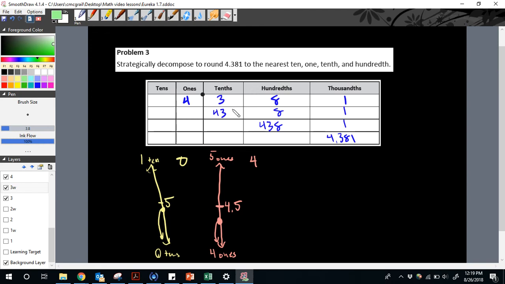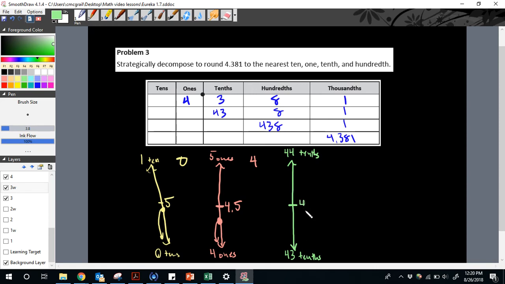Let's keep using this strategy and draw our third number line to round to the nearest tenth. Looking at my column, I want to find the decomposition that has the most number of tenths, and that's this one. How many tenths does this number have? It has 43 tenths. One more than that is going to be 44 tenths. What's the midpoint going to be between 43 tenths and 44 tenths?